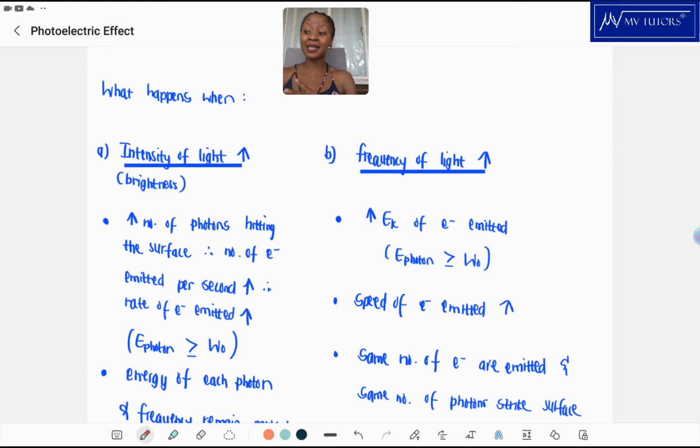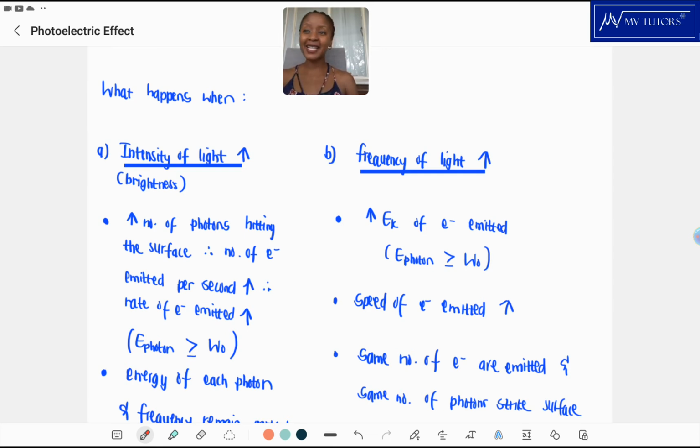So the brighter the light, it means you have many packets of energy, many photons, hitting the surface, allowing many electrons to be emitted. So by increasing the intensity of light, you are increasing the number of electrons that will be ejected because there are more photons hitting the metal surface. So all of that is happening at a higher rate.